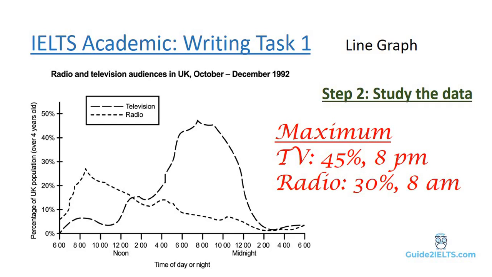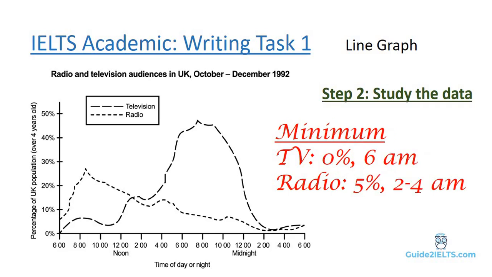As for the lowest figures, for TV it is 6 a.m. at 0%, whereas for radio it is between 2 a.m. and 4 a.m. and the percentage for this is below 5%. Now we try to figure out if we can correlate this data and see some trend by comparing it.